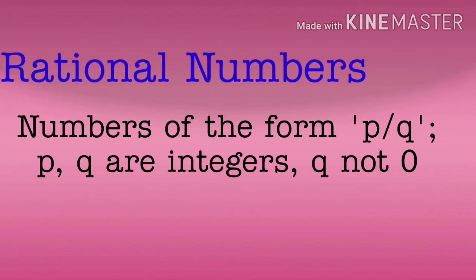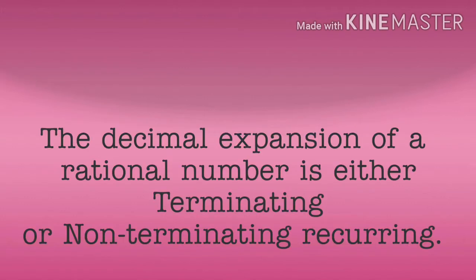Now, by using decimal expansion, how can we explain a rational number? The decimal expansion of a rational number is either terminating or non-terminating recurring.